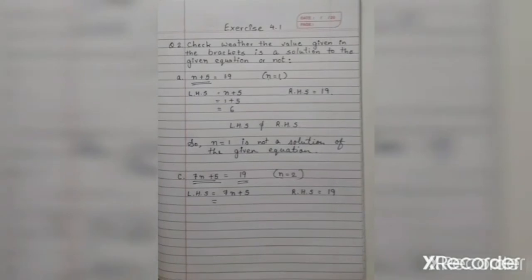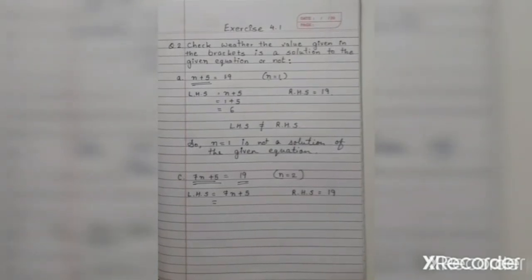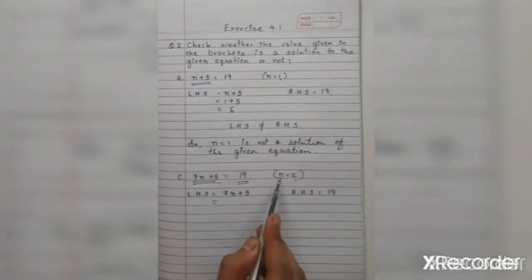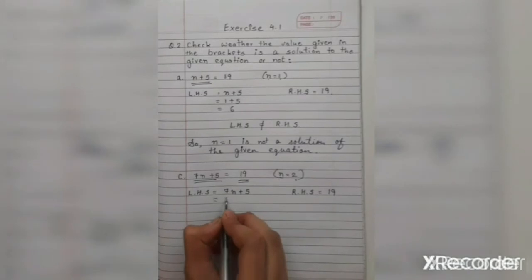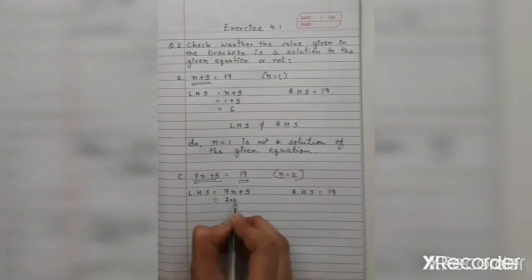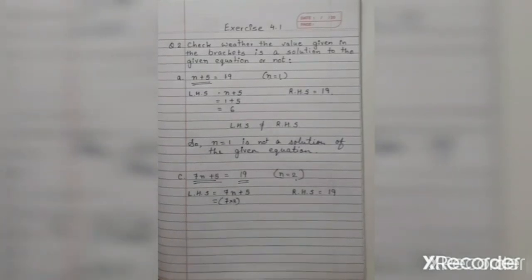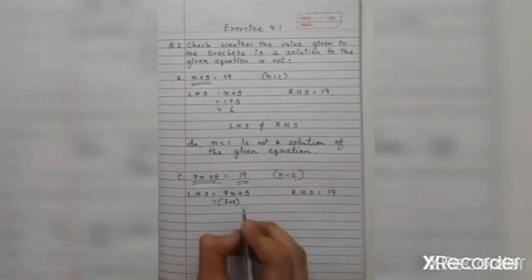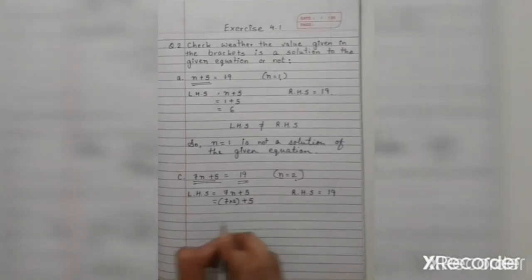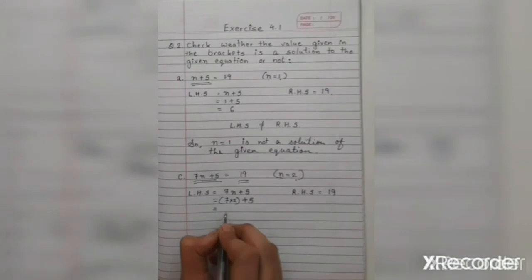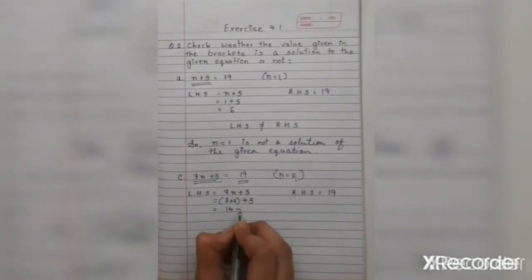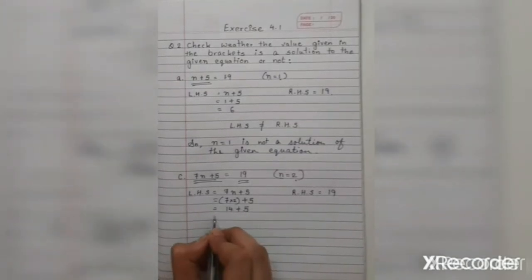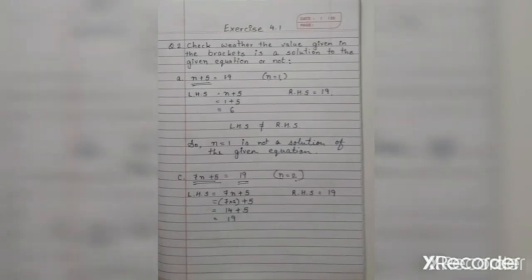Now let's write the value of n. Here value of n is 2. We will replace n by 2. So 7 into 2. I am placing these numbers in the bracket. Plus 5. 7 2s are 14. 14 plus 5, which is 19.